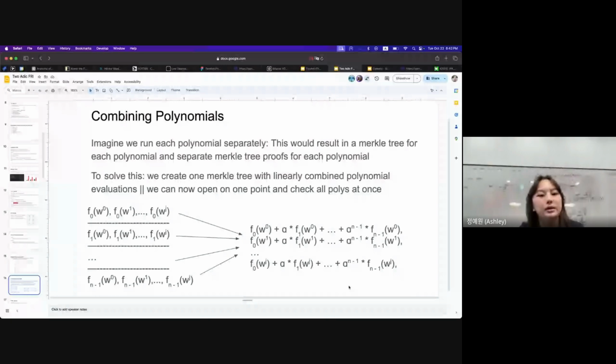It's all combined together. And if we do it this way and we get a faulty value from our verifier while running this, it just means that maybe one of the polynomials is wrong or all of them are wrong. We don't know, but it automatically says it's wrong. And so it works in that way.